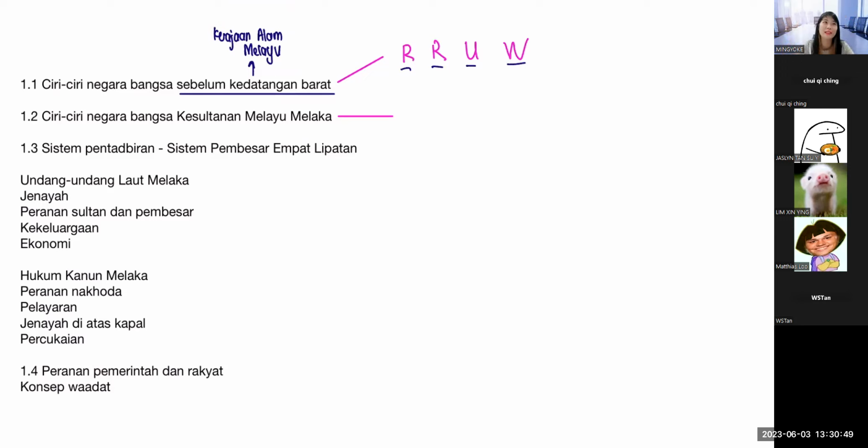Okay. So, meaning is what? Raja, to rakyat, to undang-undang, to wilayah pengaruh.